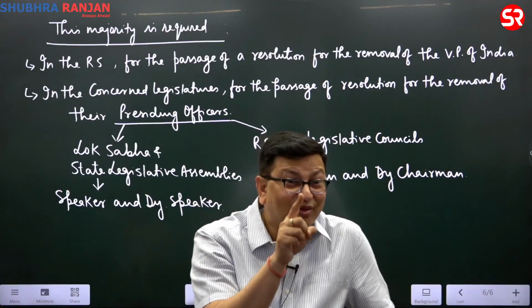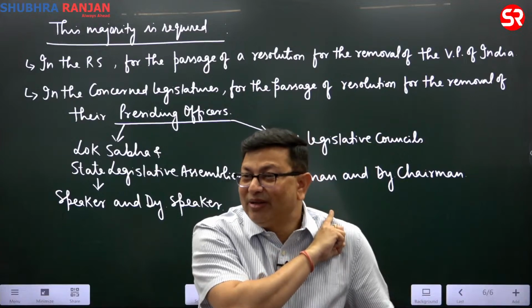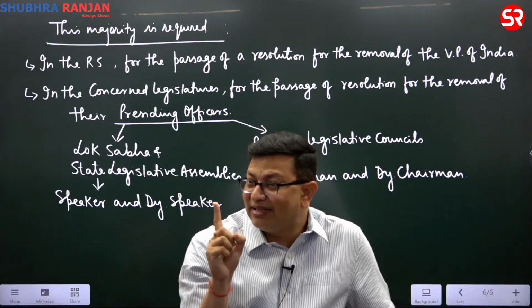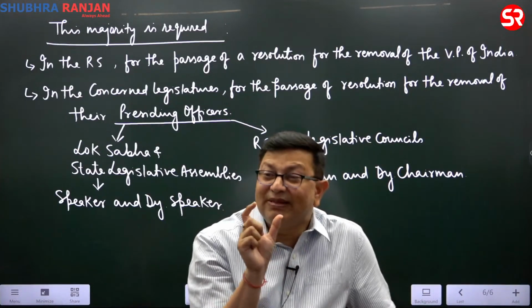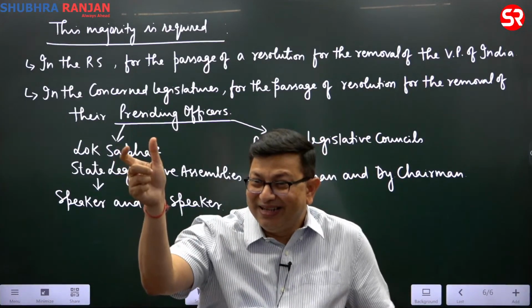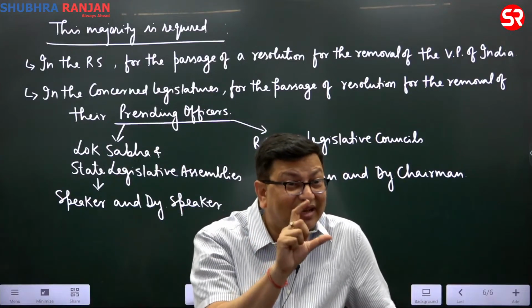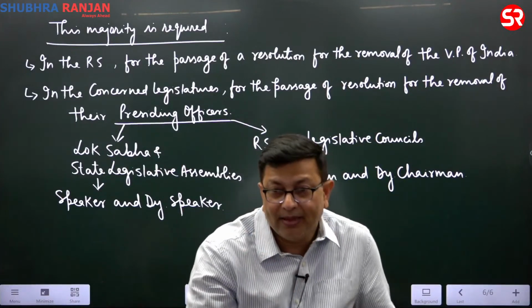So the speaker was removed and this majority was required in the Bihar Legislative Assembly. So effective majority: in the examination it will be the then strength, majority of the then strength. That should be your keyword here.